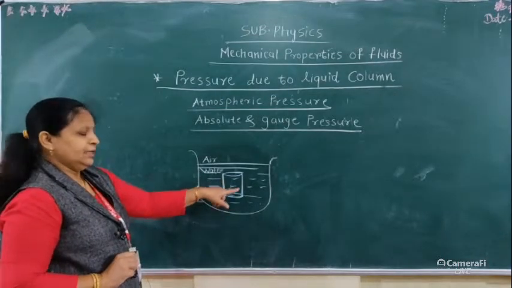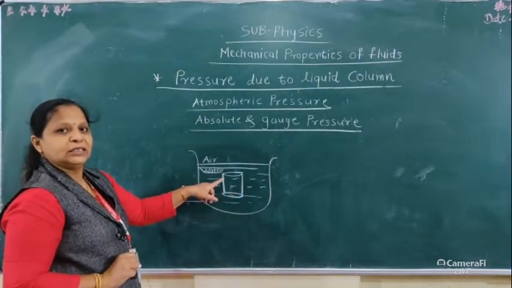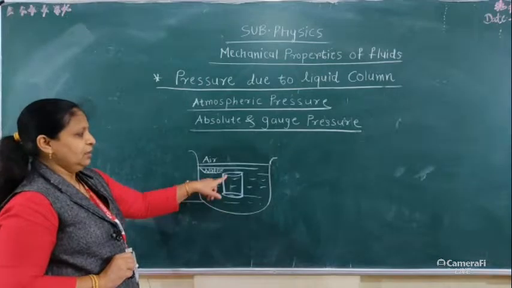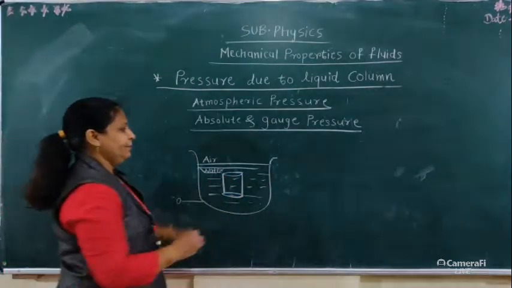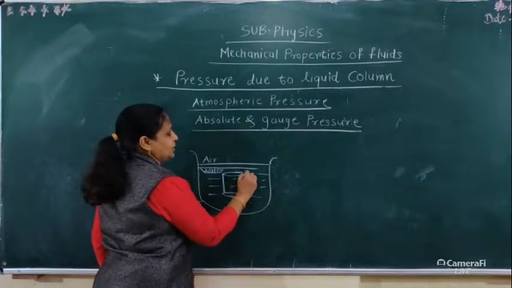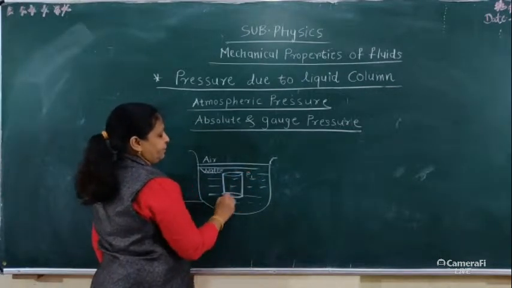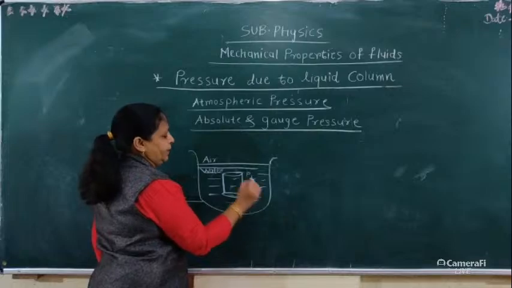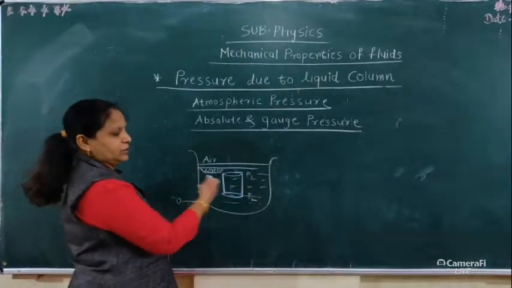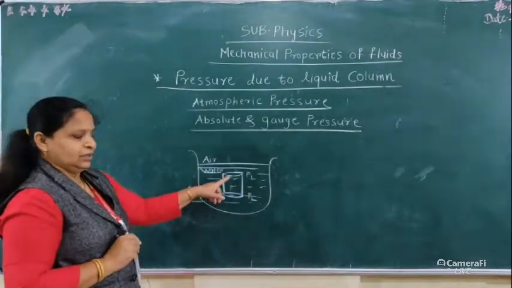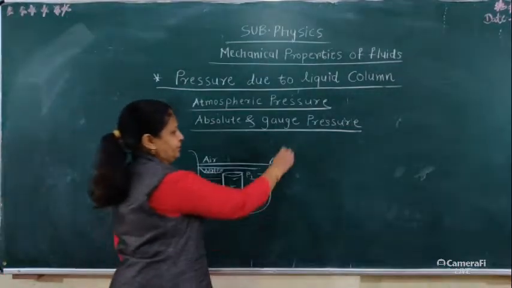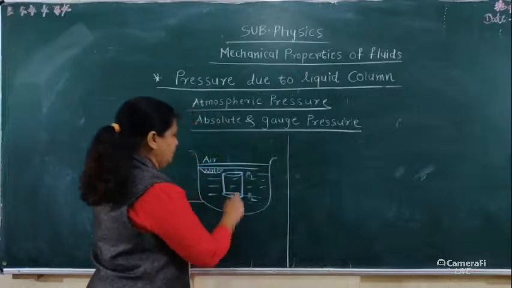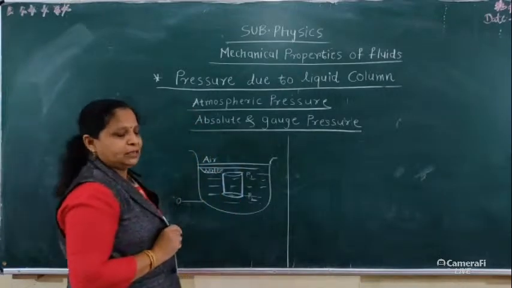Then the cylinder is imaginary, which is filled with a liquid. This surface is the top surface, this surface is the bottom surface. Then the pressure applied on the top surface is P1, and on the bottom surface is P2. Which forces exert on this cylinder? First, the top surface.